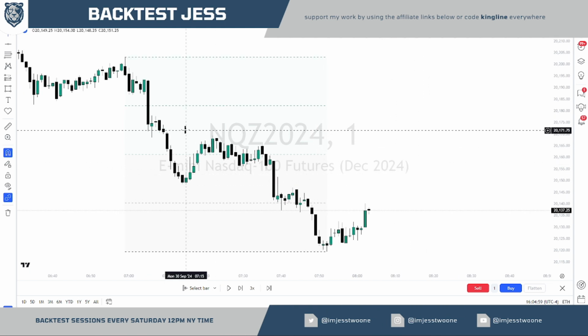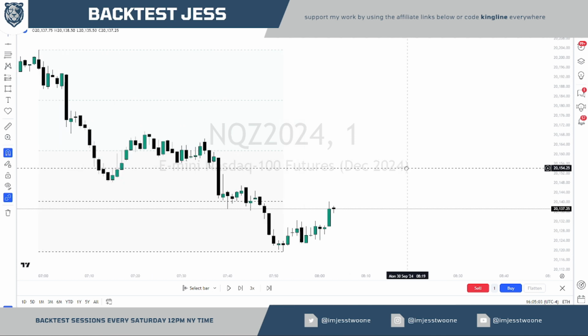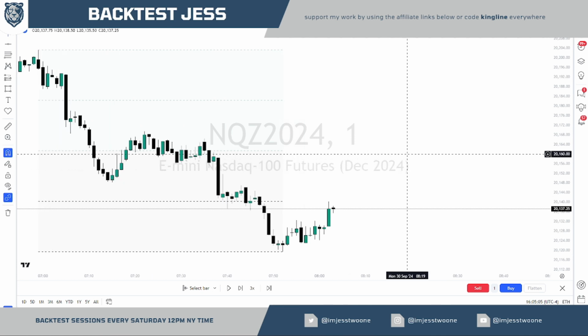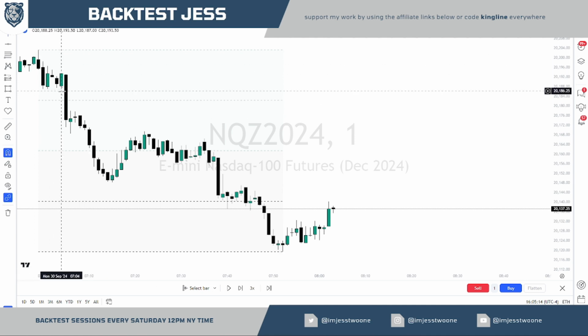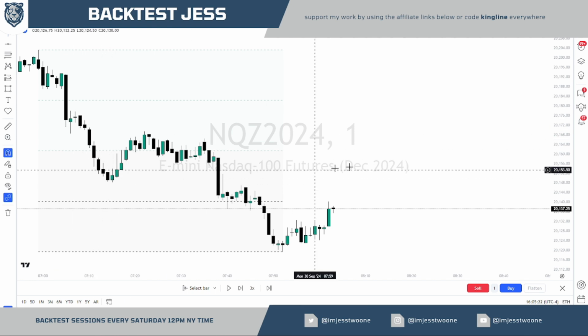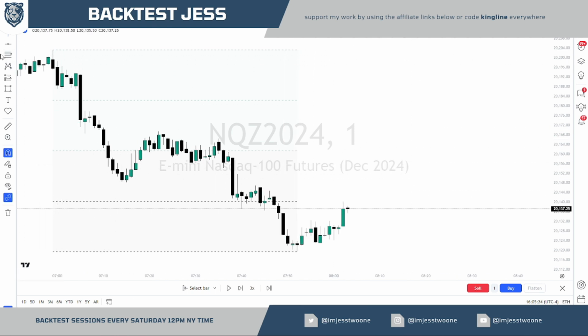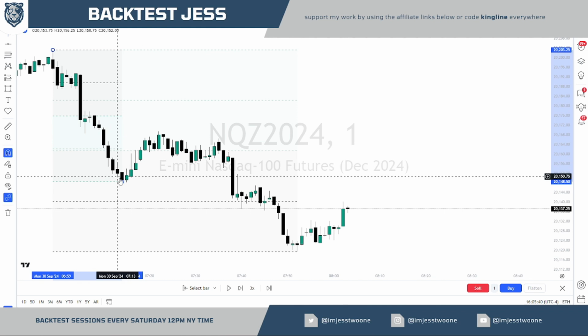Another thing, like for here, this is explained in ICT's algorithmic change in state of delivery videos. Once you see fair value through your dealing range pulled up, let's say up until this point, you actually want to see this left open if you think price is going to continue.